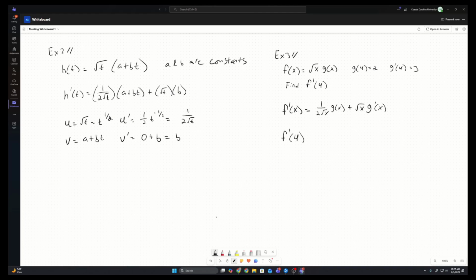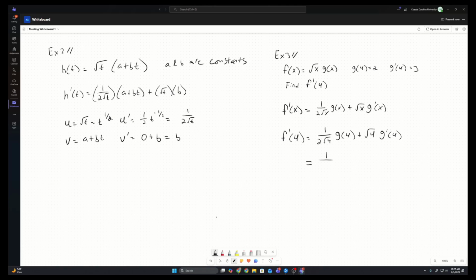Now if I plug in for f prime of 4, we can plug this in for all the x's and see what we get. Well, it's 1 over 2 times the square root of 4 times whatever g of 4 is, plus the square root of 4 times g prime of 4. We know g prime of 4 is 3. G of 4 is 2. Square root of 4 is 2. So we can clean this up a little bit.